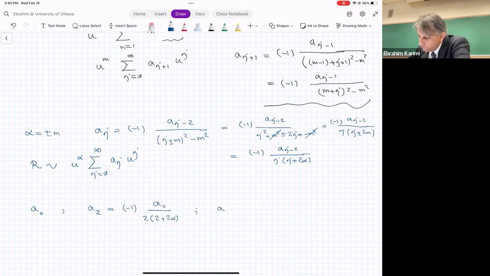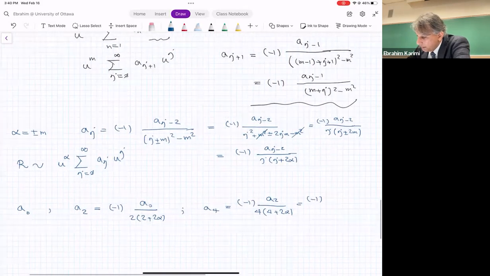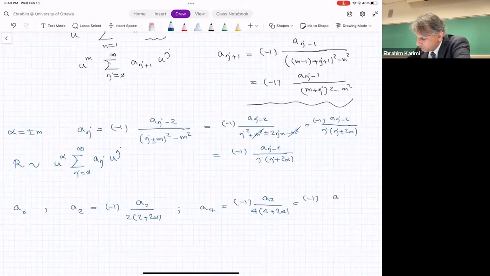What about a4? Which will be minus 1 a2 divided by 4 times (4 plus 2 alpha), which is minus 1 times, instead of a2, I will substitute it. It will be minus 1 a0 divided by 2 times (2 plus 2 alpha).